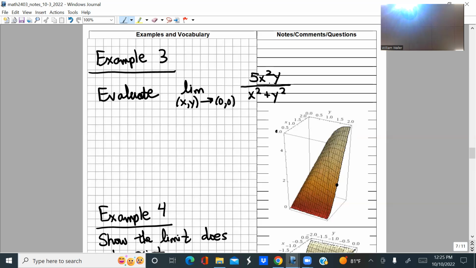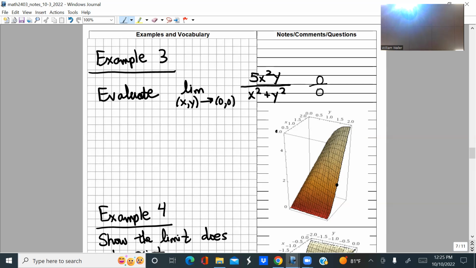Too bad, all right? Almost any other limit for this function, we could evaluate just by plugging the limit point into the formula, right? But not this one. Now, when you do try to plug in 0, 0, of course, what do you get? You get 0 divided by 0, all right?